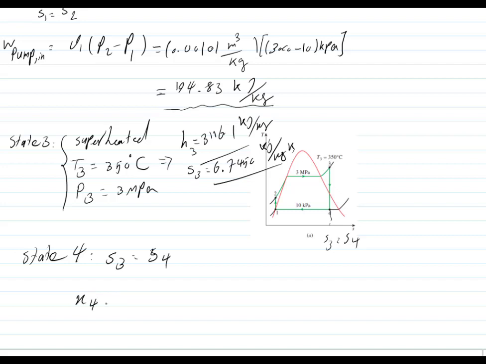We can write it like this: x4 equals s4 minus sf, divided by sfg. If you notice in the tables, we have the entropy. This is for the saturated liquid. This is for the saturated mixture or vapor in this region.